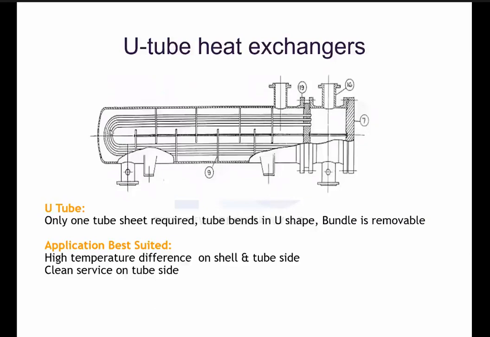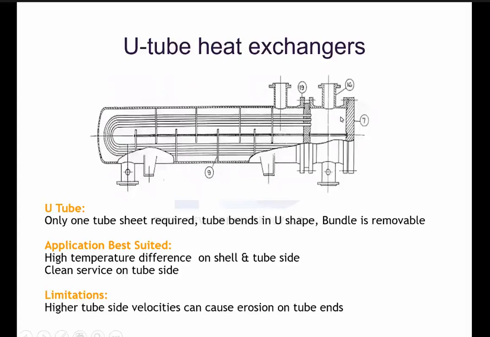We don't recommend using it on the tube side. So this is one limitation of the U-bend. There is another limitation also. When there is high velocity, you can have erosion on the U-bends. When you have high velocity going through the tube, you may have some erosion and your tube can break. So these are the two limitations.